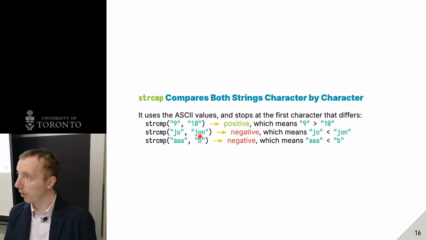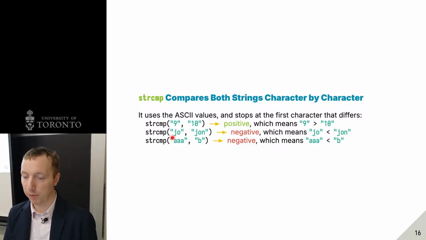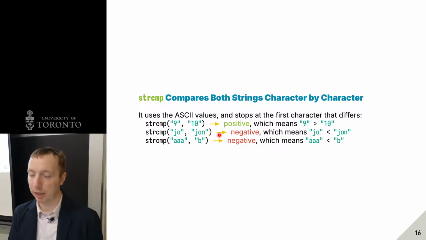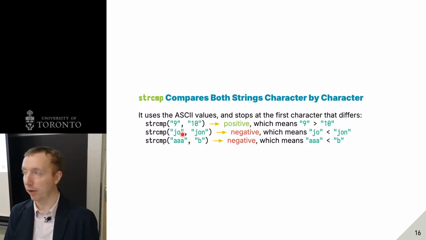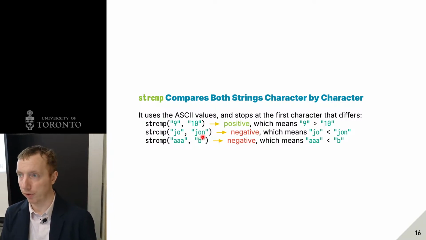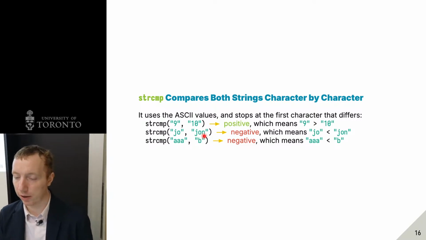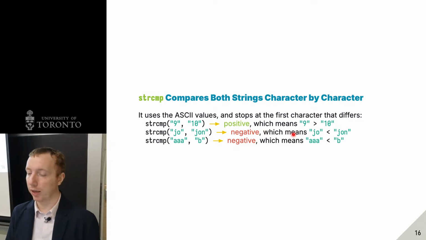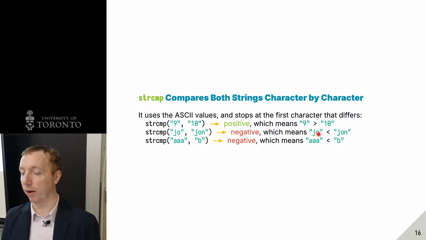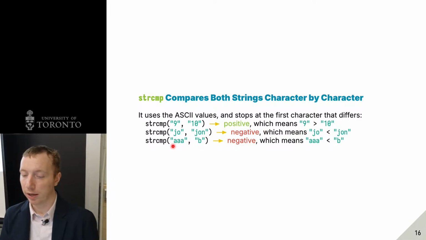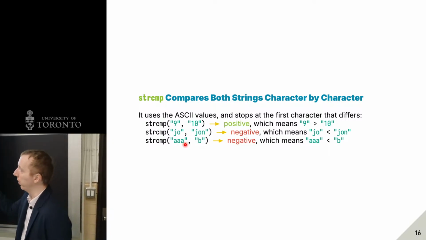O and O are the same, so we're going to move on to the next character. Then it will compare the null byte to an N, which means that a null byte, which is just 0, is less than the character N, so that will return a negative value, which means JO is less than JON.